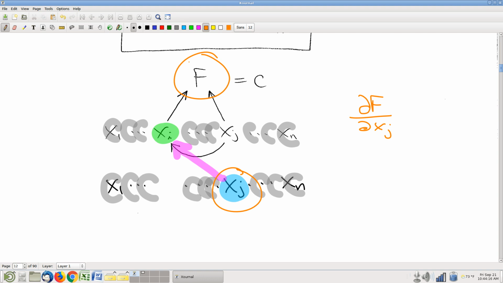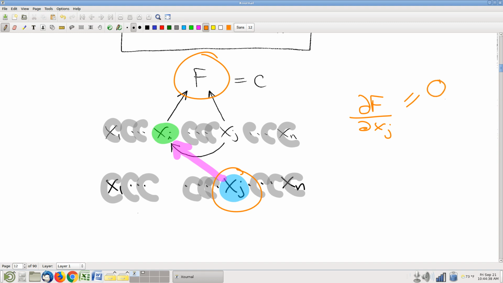Now here's the two calculations I'm going to do. The first one's an easy one. I'm attempting to compute the partial of something that I know is constant. Everybody see the first calculation? It's constant. What's the derivative of a constant? 0. Okay, so on the one hand, I know it's 0.